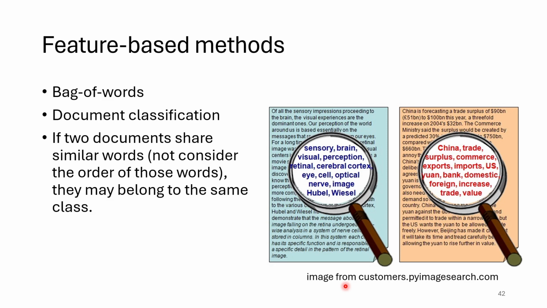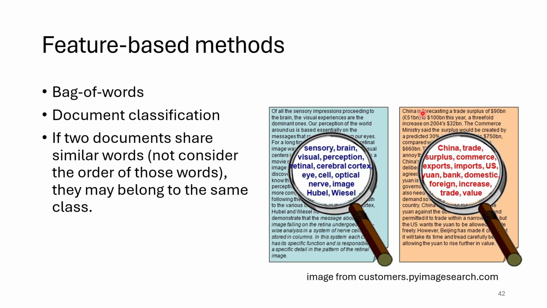The method in the beginning was developed from the document classification problem. It means if you have two documents, how do you tell whether the two documents belong to the same class or not?